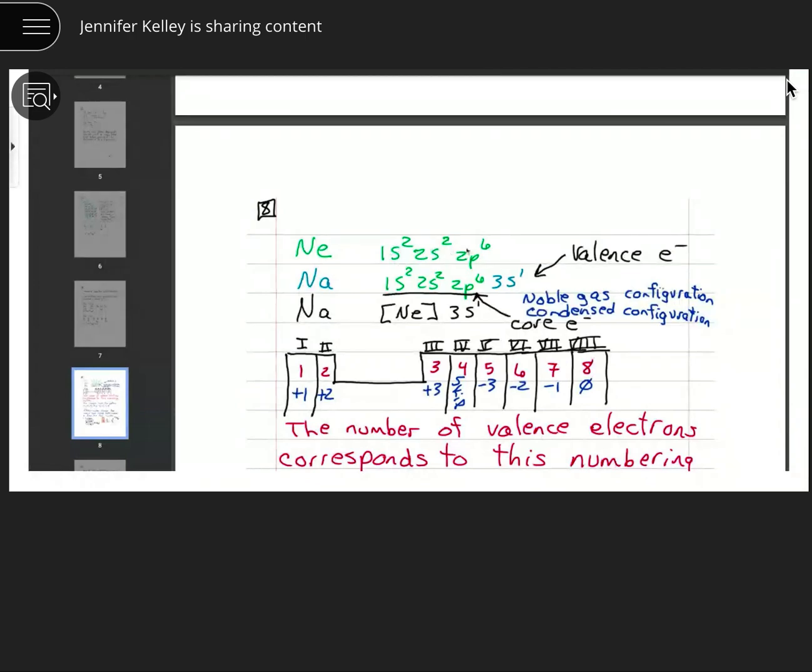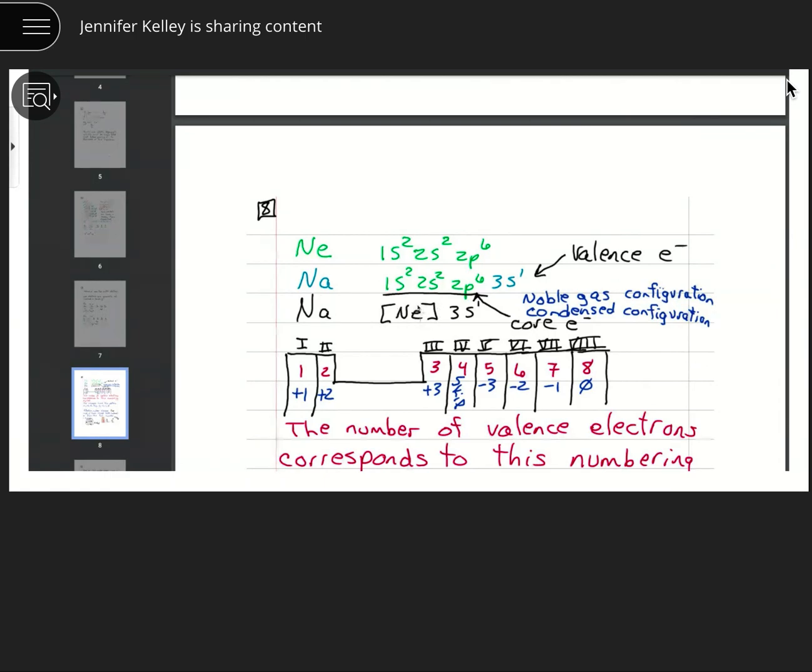Because neon is a noble gas, and because they've made a way to write sort of an abbreviated electron configuration, we can substitute that 1s2, 2s2, 2p6 in sodium for the abbreviation for neon inside brackets.